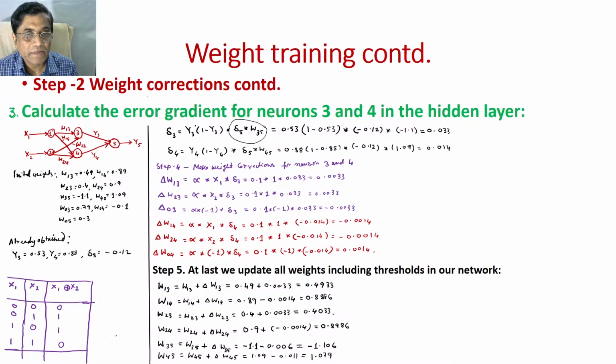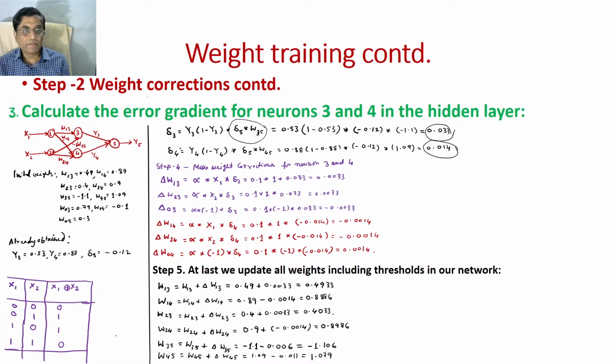Y3 is known. Everything is known here, and this delta. So W35 you have selected. And then delta 4 is needed to calculate the compensation of these and this. So similar, very nice, clean.